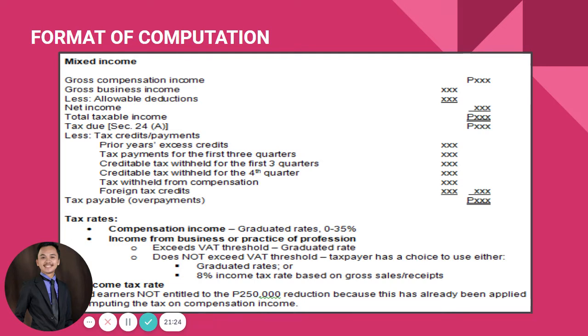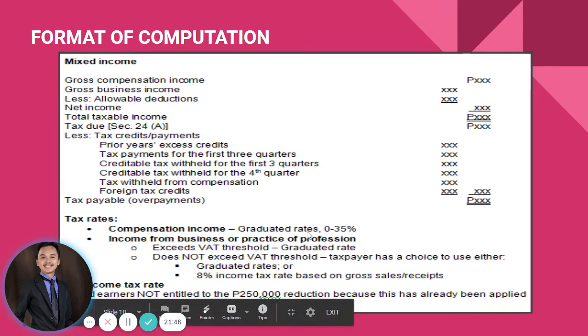Kung ang option niya is to use the 8%, so duha ka buok ang computation nato. Pero kung option niya guys is only graduated, then you just simply add the taxable income from compensation and taxable income from business or profession, then compute for the tax due using the tax table.